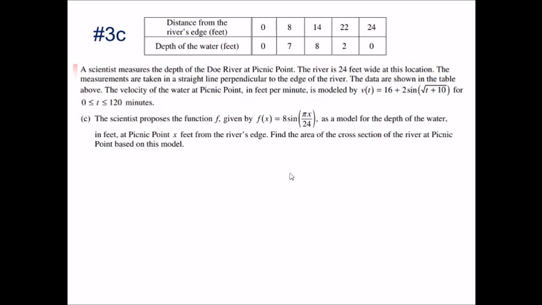If I want to find the area under a line, I'm essentially asking for the integral of this function. So I'm just going to take the integral of f of x over the course of this river cross-section, from 0 to 24 of f of x. And now let me do this on the calculator.